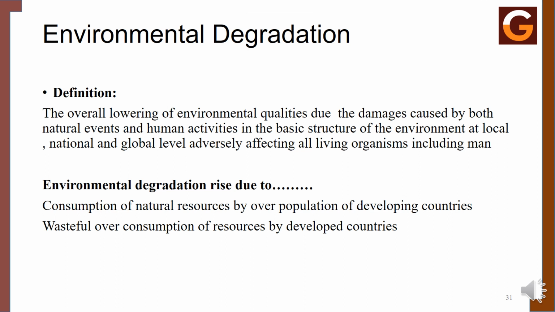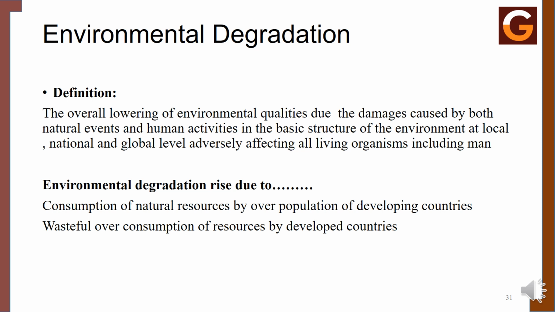Till now, we have studied what is environment, what does it consist of, its components, and how technology affects the environment both positively and negatively. Now we are going to look into environmental degradation. Environmental degradation is the overall lowering of environmental quality due to the damages caused by both natural events and human activity in the basic structure of the environment at local, national and global level, adversely affecting all living organisms including man.